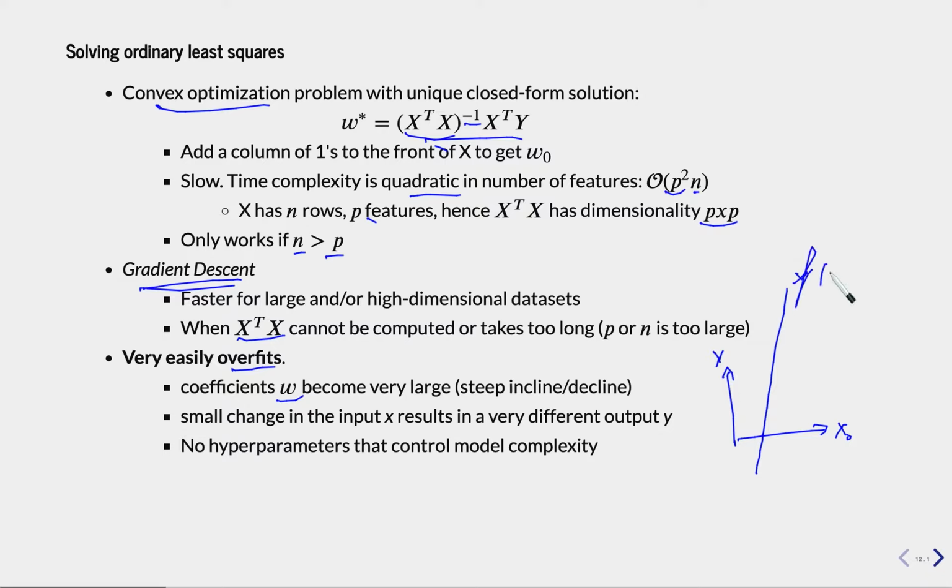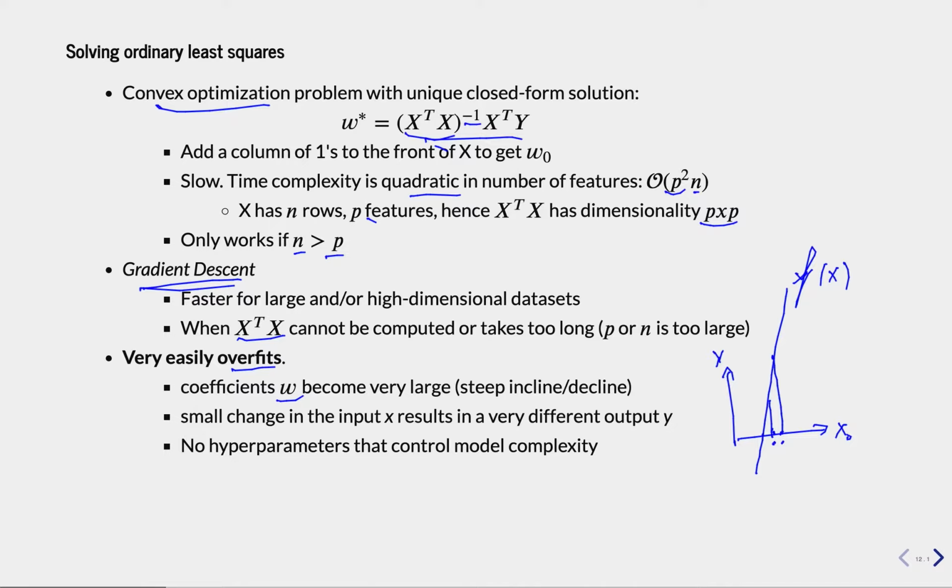This means that whenever you have a value x and you have a value that's very close to it, the outcome of the function will be different. And this is something you typically don't want. If you have one observation and a very similar observation and the output is completely different, that's typically not what you want in a machine learning model, unless your data just happens to be that way.